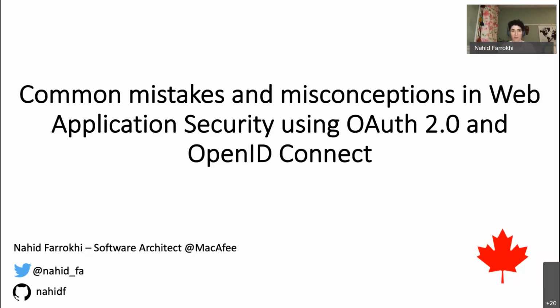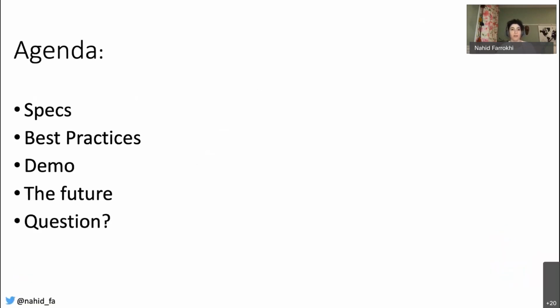In the next 60 minutes, we're going to talk about the OAuth 2 and OpenID Connect specs. I'm going to go over specs which you may already be familiar with, but we're going to go over the details, some best practices, and also the future of these concepts.